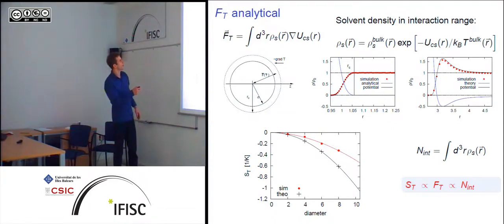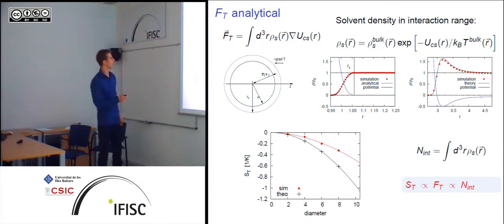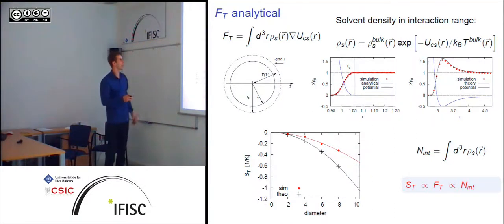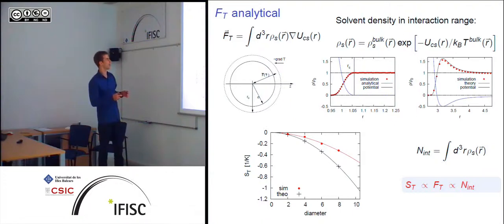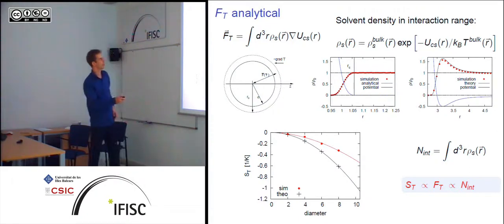So we have the local density of the solvent times the gradient of the potential. And it is important to know what the local density looks like, because it is affected by the temperature gradient, like a linearly increasing density in the bulk, but it is also modified due to the presence of the interaction potential.